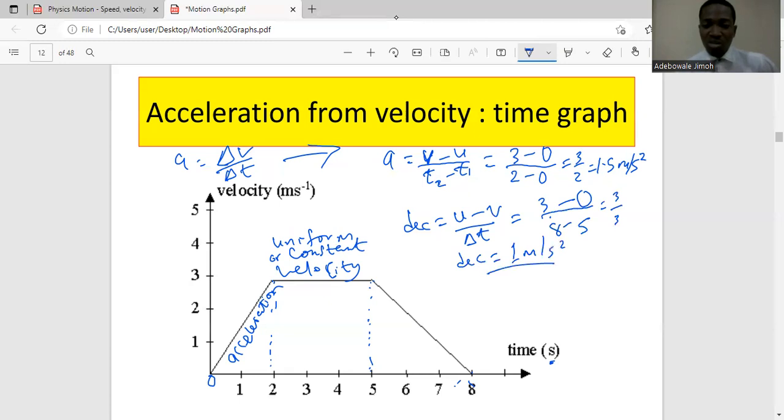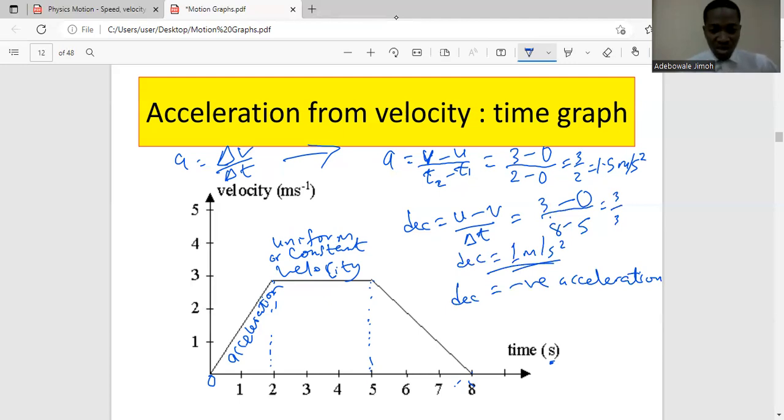Now take note of one thing. When you say a particle is decelerating, that means the speed is reducing with time. Deceleration is negative acceleration. So when the speed of a body is decreasing with time, we say the body is decelerating. We calculated the deceleration from 5 seconds to 8 seconds to be 1 meter per second squared.